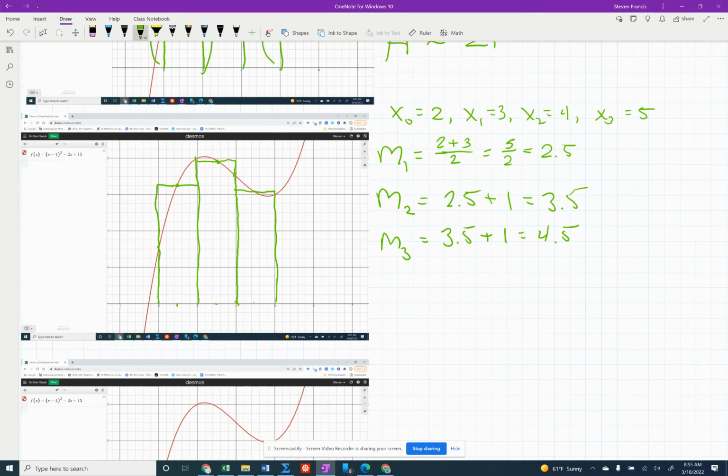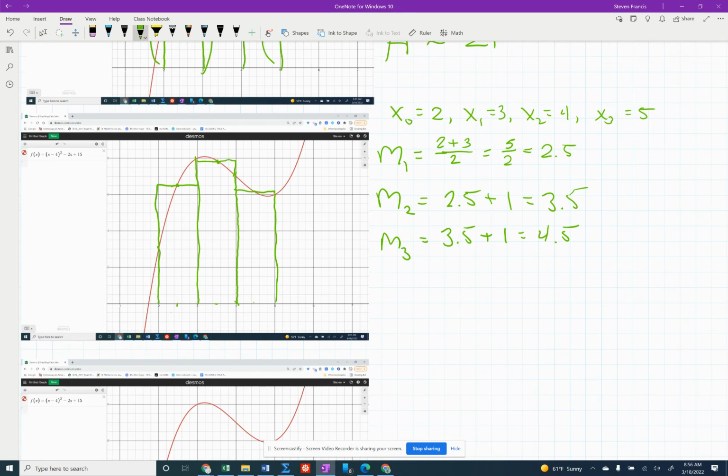I could go to x sub 1 and x sub 2, add them together to get 7, and then divide by 2. 7 divided by 2 is 3.5. And then for the last one, I could add the 4 and the 5 and divide by 2, and I'll get 4.5. But where the numbers look a little bit more complicated, it's easier and faster if I just take delta x, which was 1, and keep adding it to each new midpoint. That way, the calculations are more efficient.